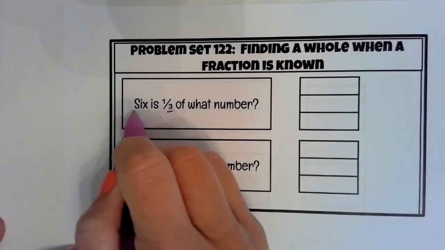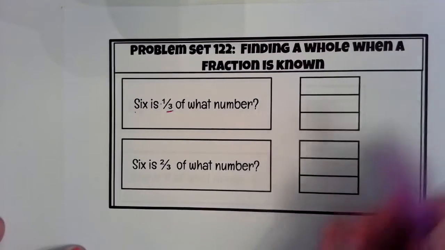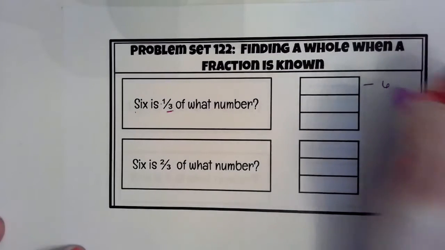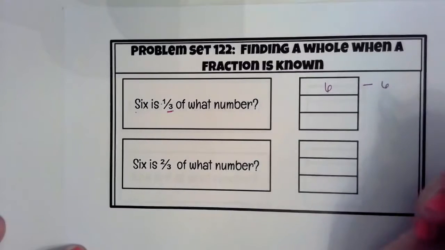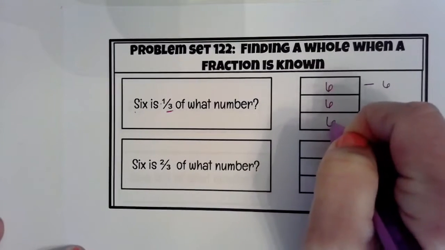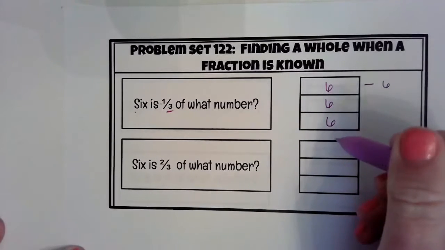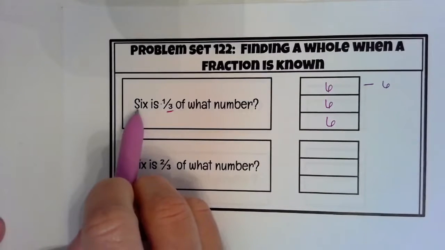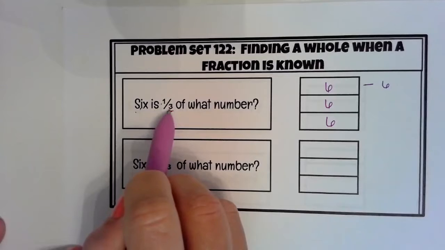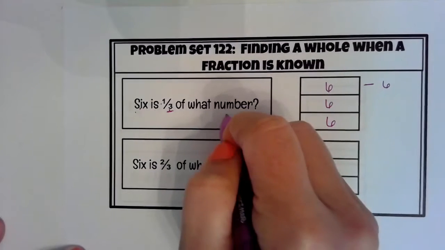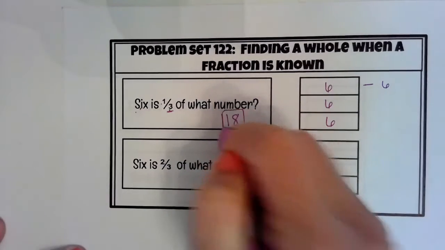And 6 is just one of those parts. So 1 part totals 6. If they're equal parts, then 6 is going to be in each box. And so we can multiply 6 times 3, and that gives us 18. So 18 is our answer.